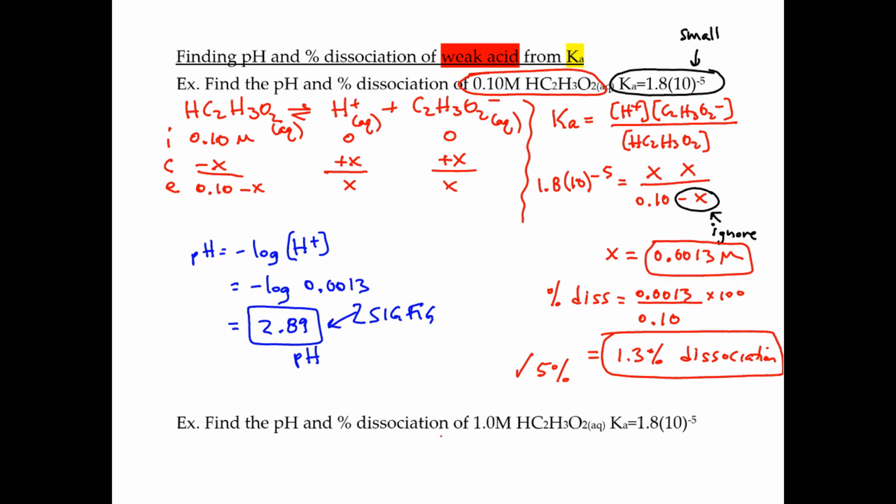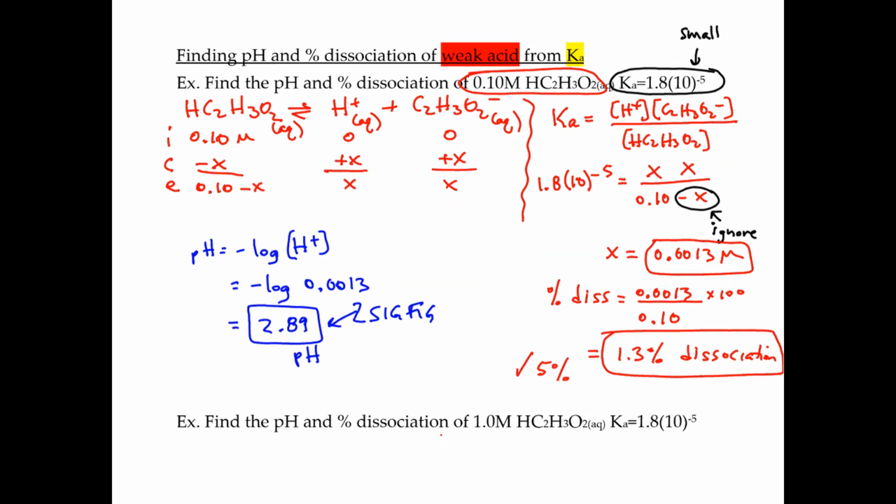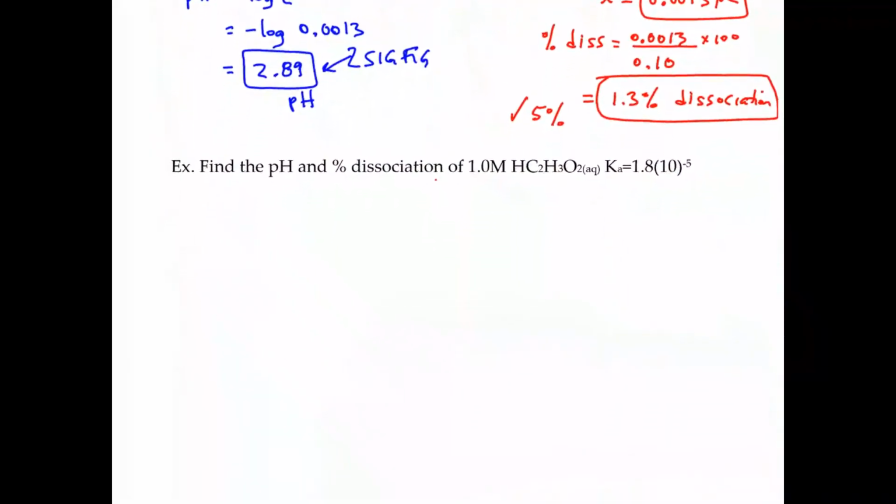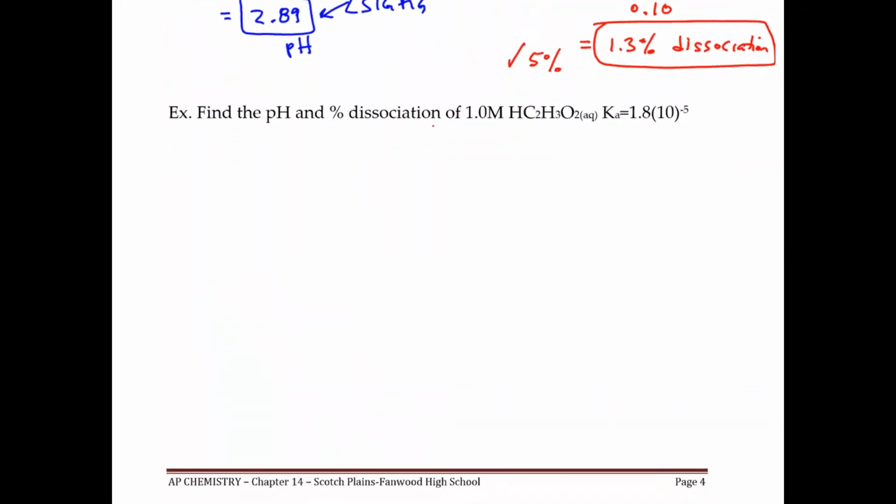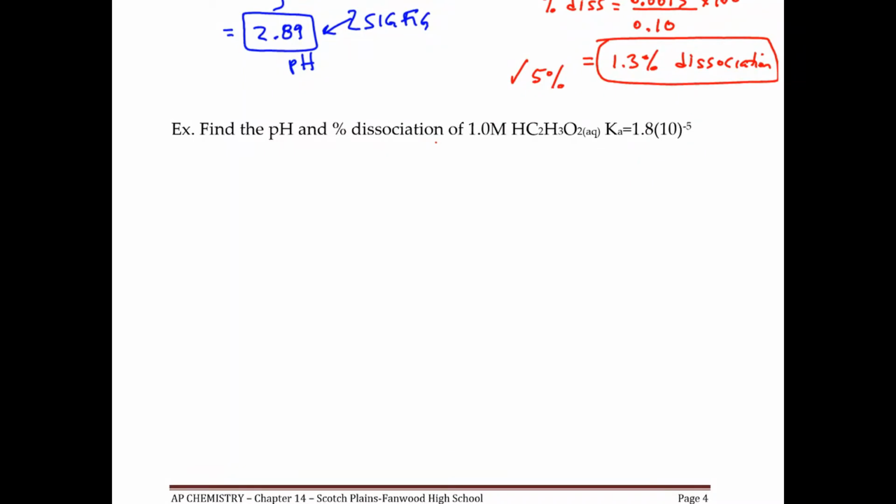Now we're going to look at the problem below, and it's similar except we're starting with different information. So we're going to take the same acid, which is acetic acid. We're going to write down our equilibrium one more time. It's going to be the acetic acid, HC2H3O2, dissociating into H plus and C2H3O2 minus.